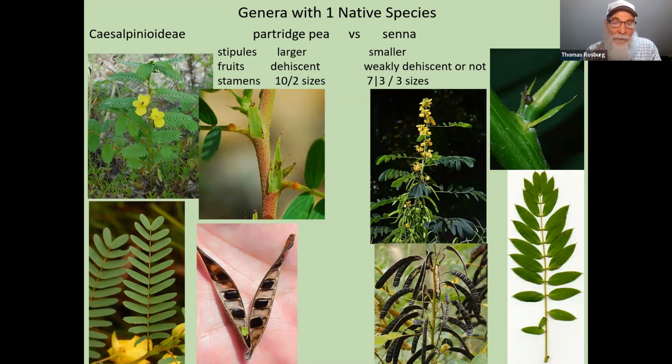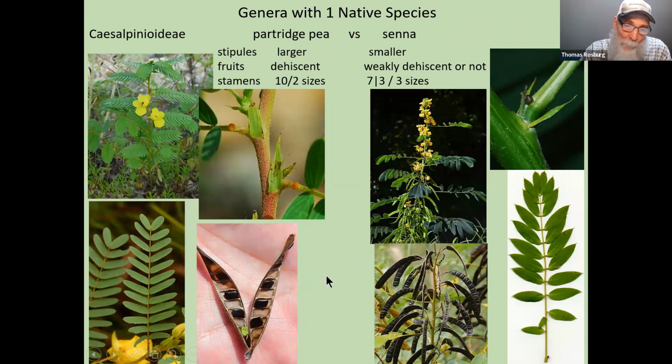It's really not functionally a leaf because it's not there for photosynthesis. But what a stipule is, again, is two of these little bracts that occur right at the base of where a leaf is attached to the stem. So right here's a leaf attaching to the stem, and there's a stipule there and there. In partridge pea, the stipules are larger. In senna, they're a bit smaller.